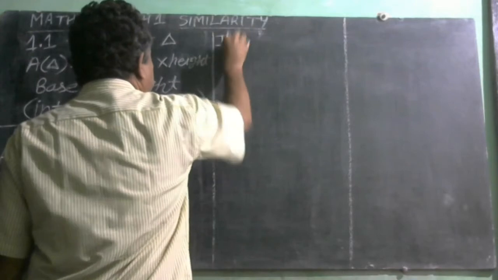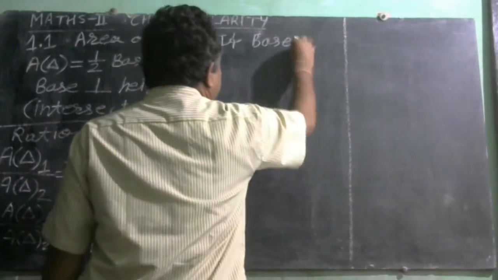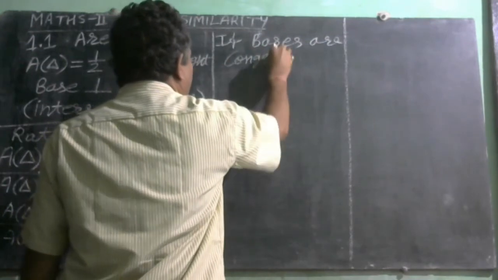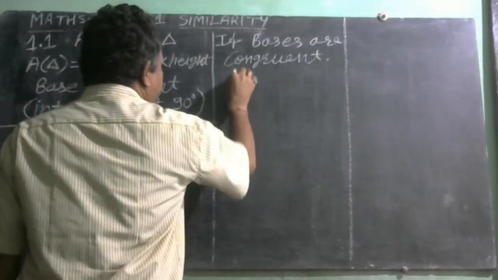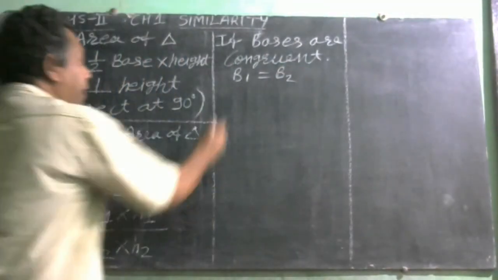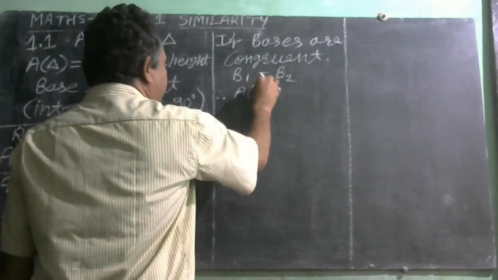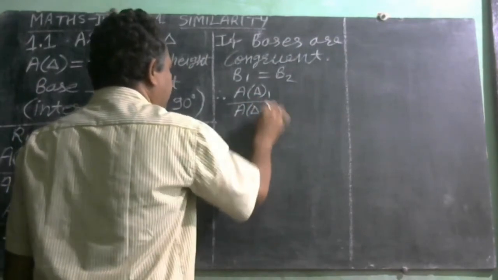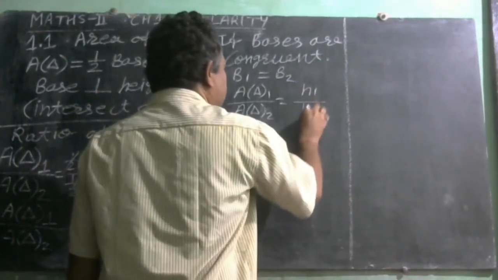Now if bases are congruent, that means base 1 equal to base 2, then area of triangle 1 upon area of triangle 2 equal to H1 upon H2.